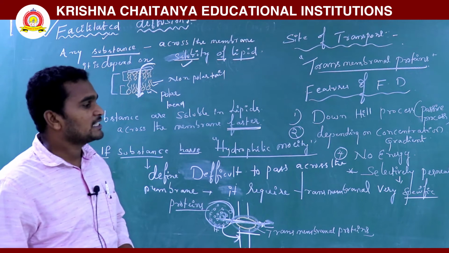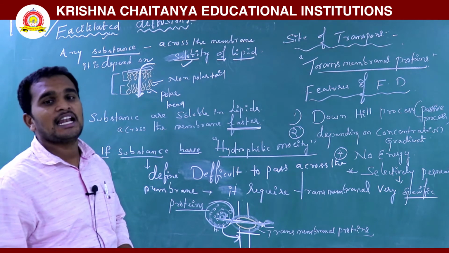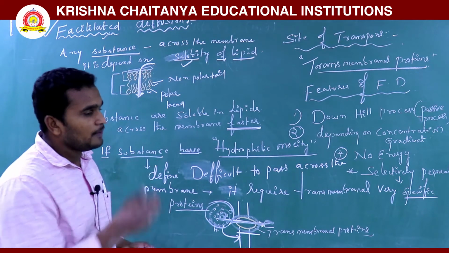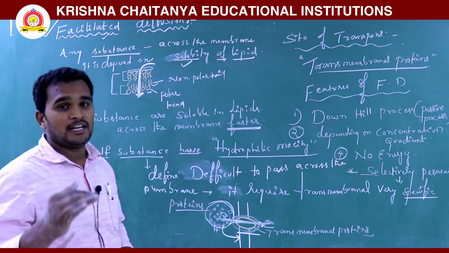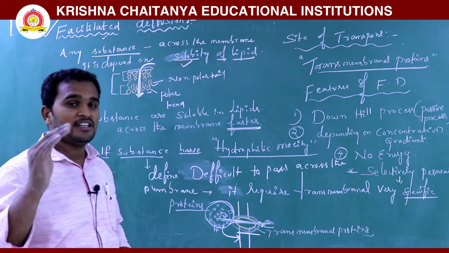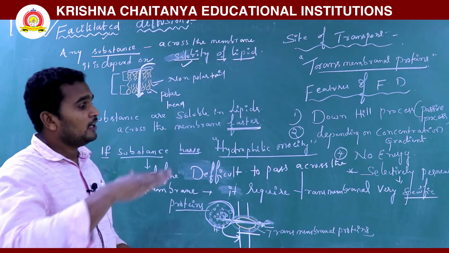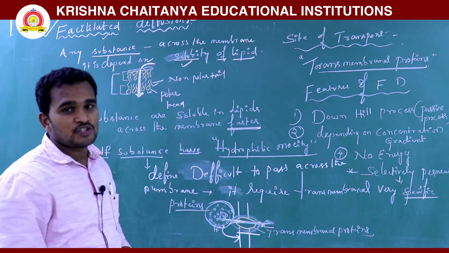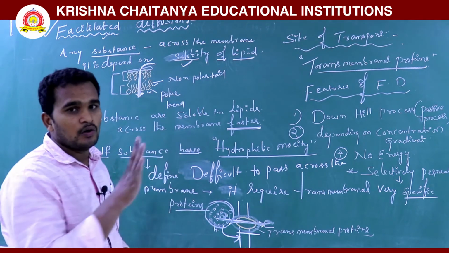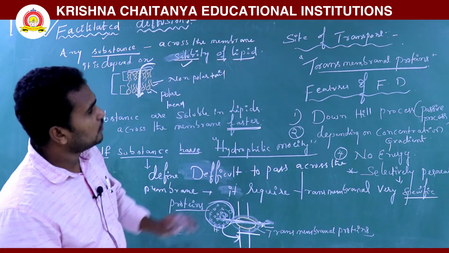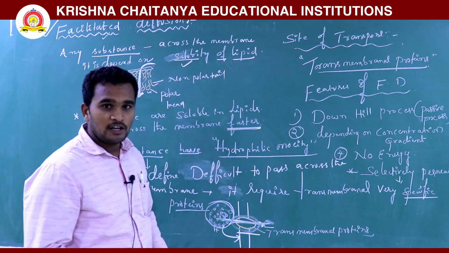That's why it is selectively permeable. The substance reacts with the protein side chain, the protein function automatically stops, and then transportation also stops. So this is also a feature of facilitated diffusion.